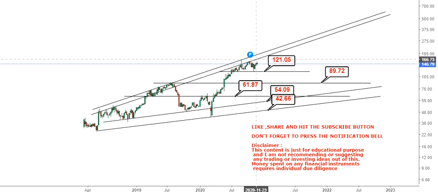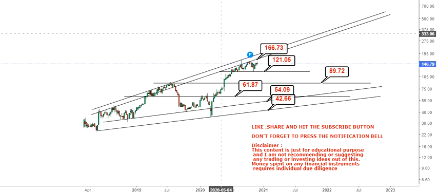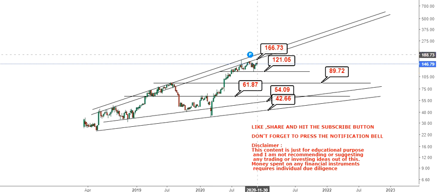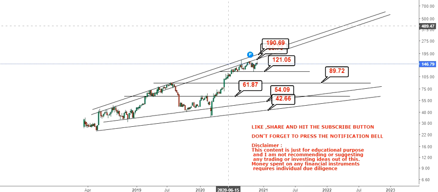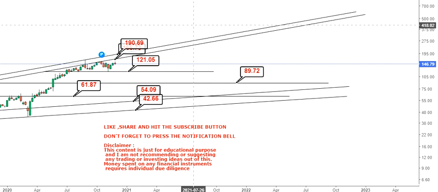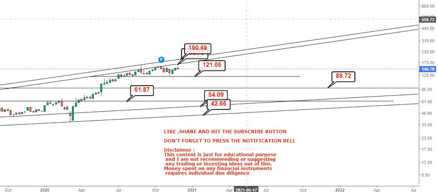On the upside, you will have your first target or resistance at $166, followed by your big resistance or big target at $190. Now one thing to understand here is that these levels which I have explained on the upside, 166 or $190, are not absolute points because we don't know about the movement of the stock.